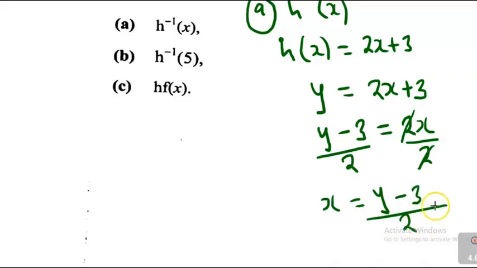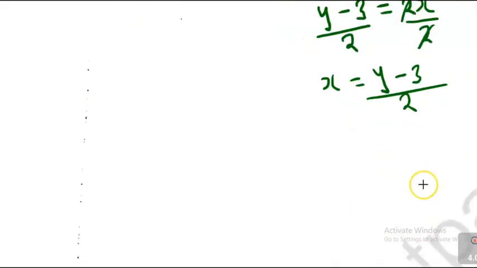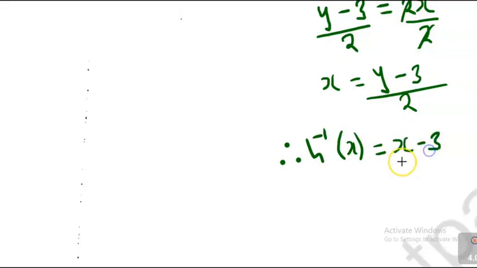Your final answer therefore is h inverse of x is equal to, where y is, you put x, so x minus 3 over 2. So this is our h inverse.